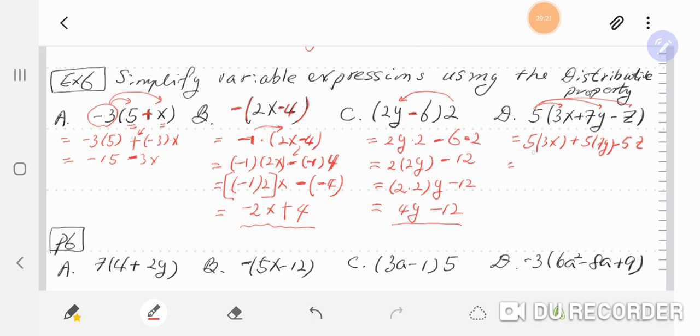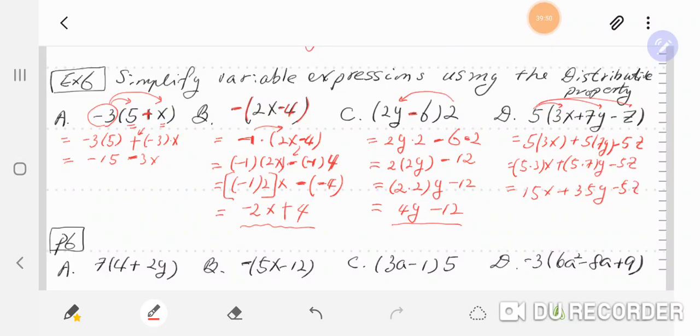So this means 5 and 3x. So multiply 5 and 3 first, x. Same thing, 5 and 7 first, y. This is minus 5z. So this is equal to, we just applied the associative property and then multiply the numbers. 5 times 3 is 15x plus 35y minus 5z.